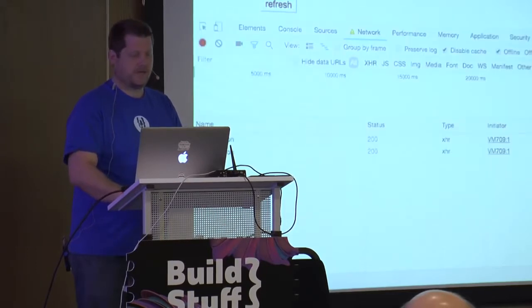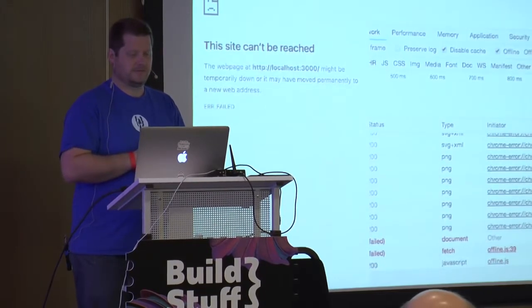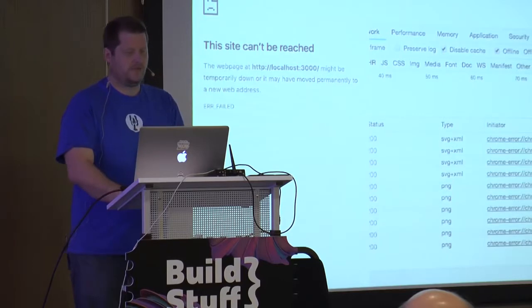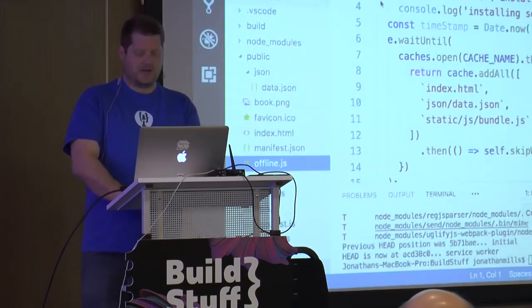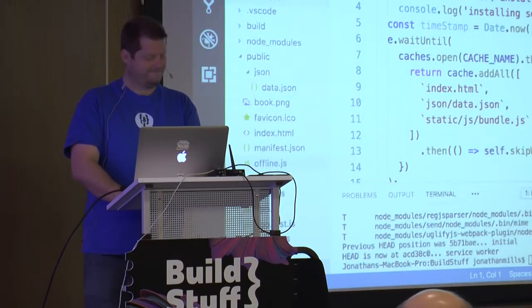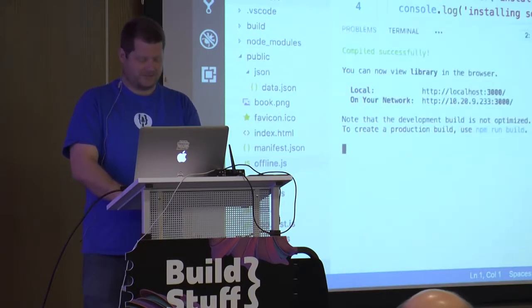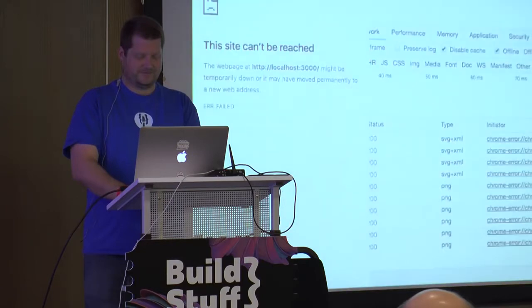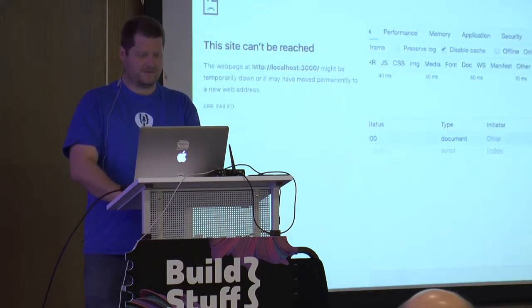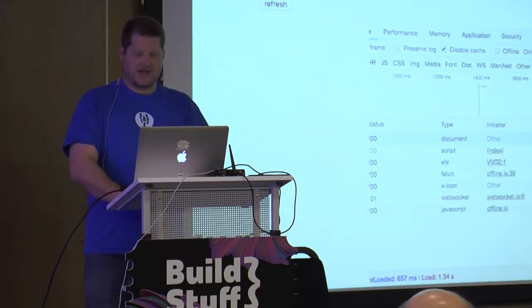So I'll pull this up. I'm going to hit refresh. Of course, because my thing crashed. It didn't crash. What in the world? I've done this twice this week already.